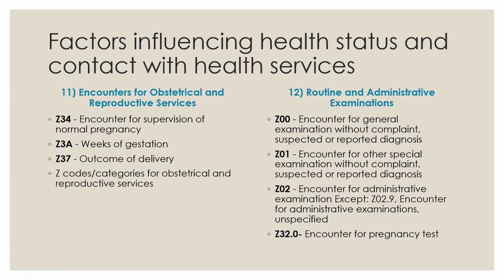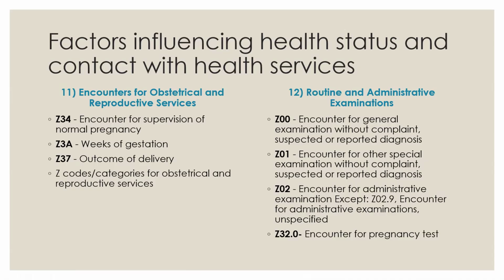Some of the codes for routine health examinations distinguish between with and without abnormal findings. Code assignment depends on the information that is known at the time of the encounter that is being coded.